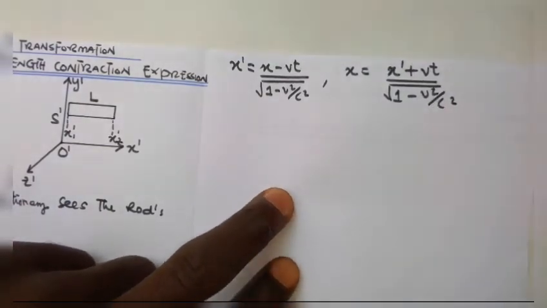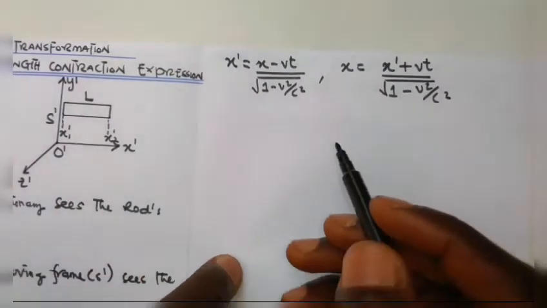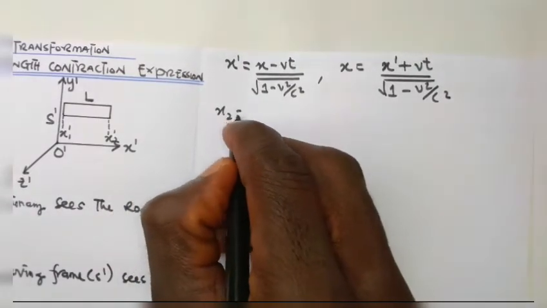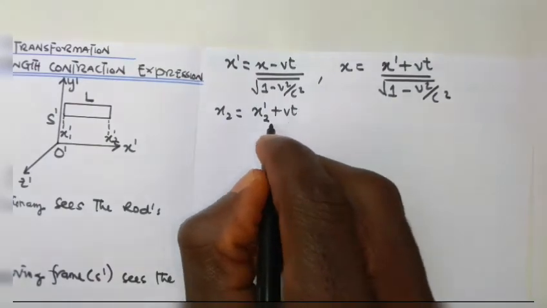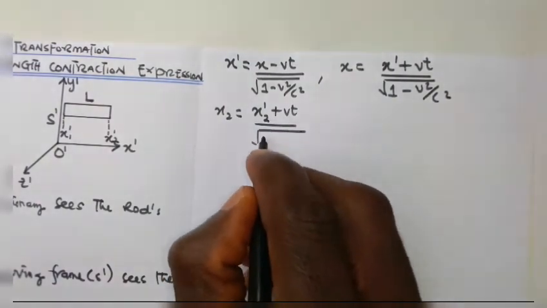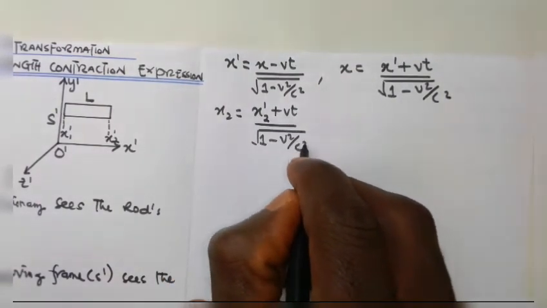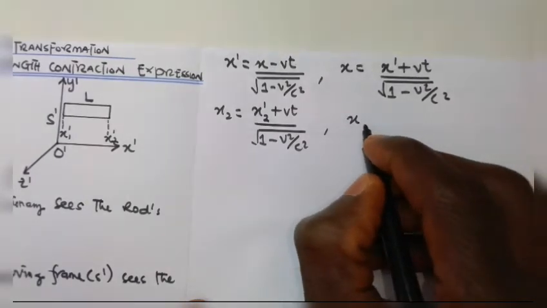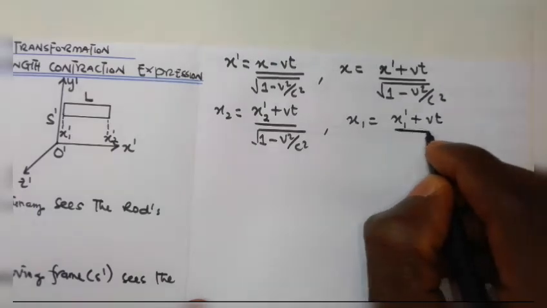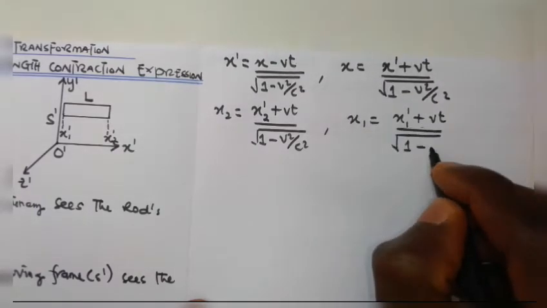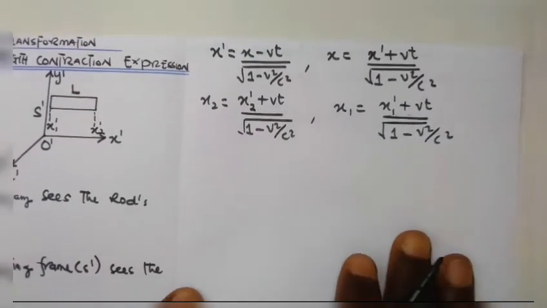Now in this place, I'll need to get my x2. So my x2 would be x2 prime plus vt over the square root of 1 minus v squared over c squared, and then x1 would be x1 prime plus vt over the square root of 1 minus v squared over c squared.